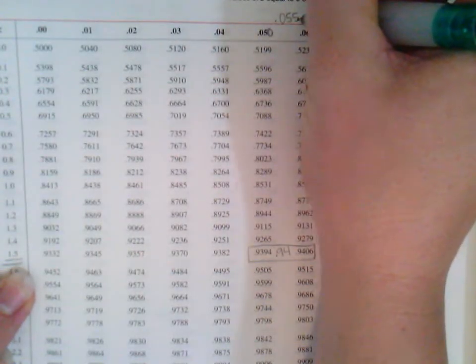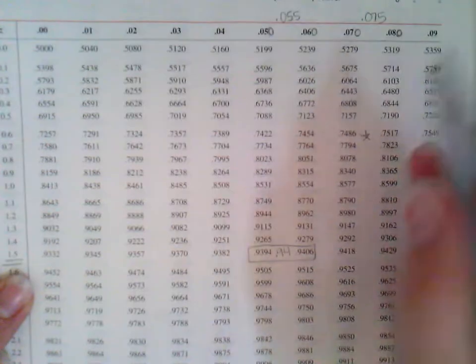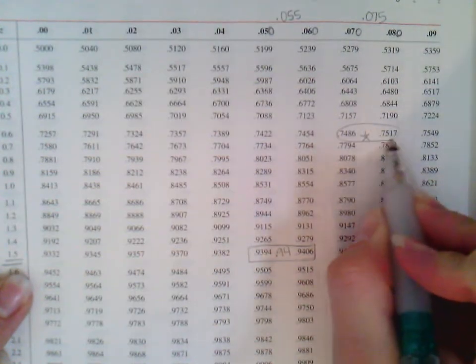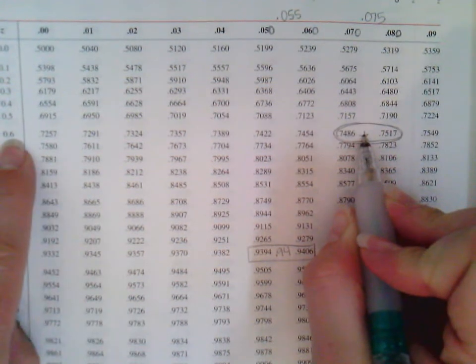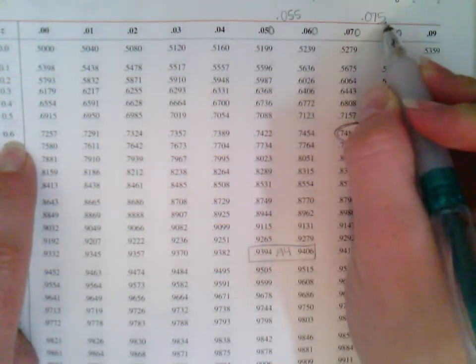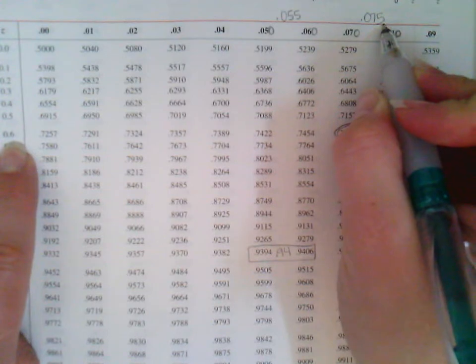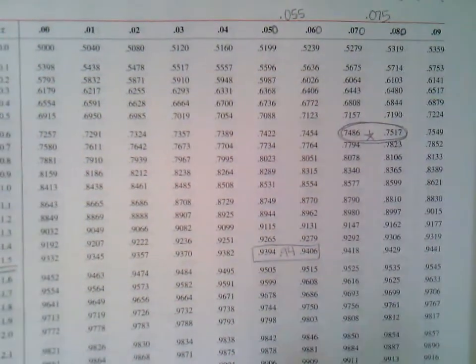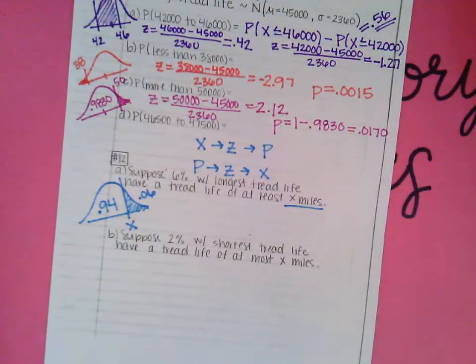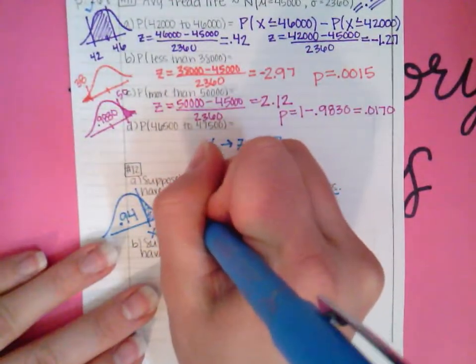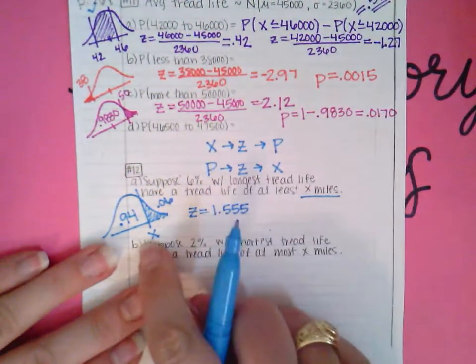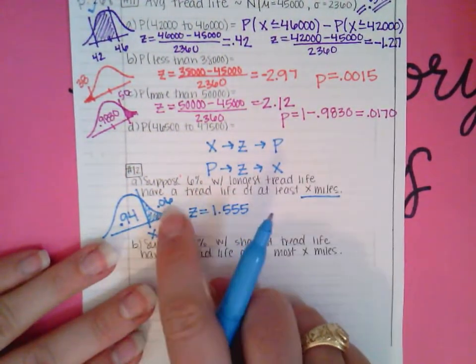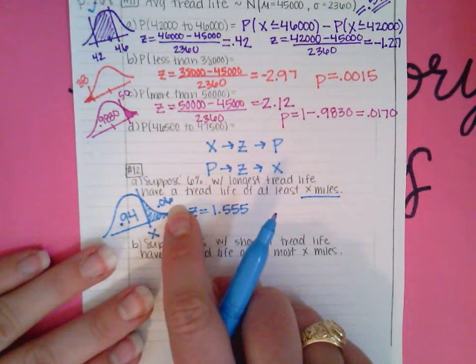So the z-score associated with 94% would be 1.555. And in another example today in the review session, I did 75%, so 75% would be 0.675 as the z-score. So let's go ahead and write that down. 94% was 1.555. So a z-score of 1.555 is what would give me that 94% split.